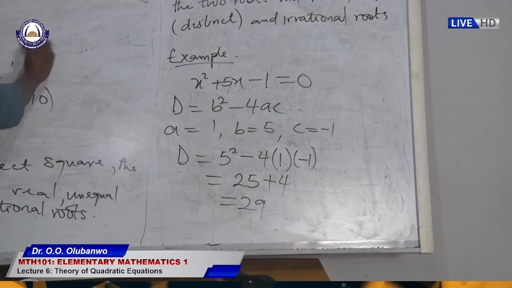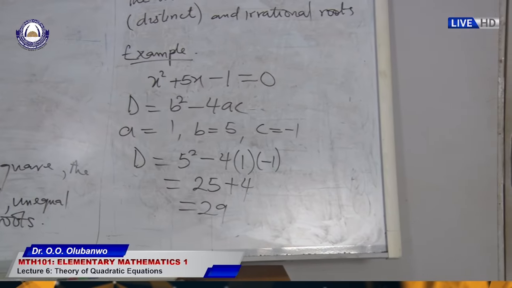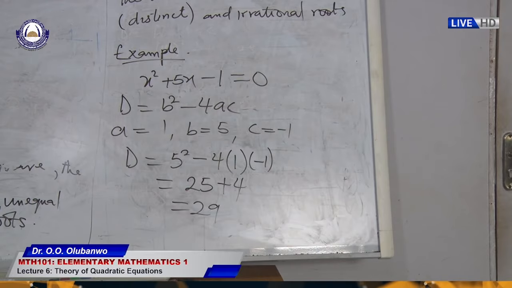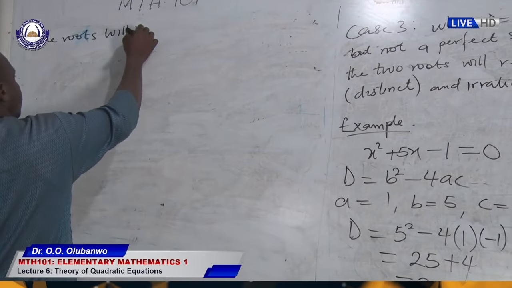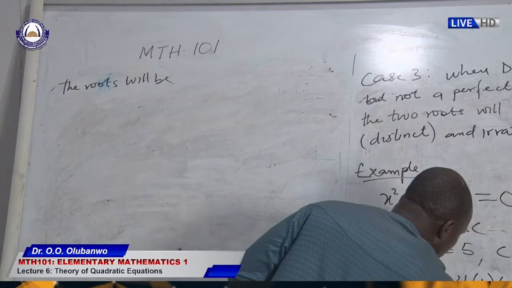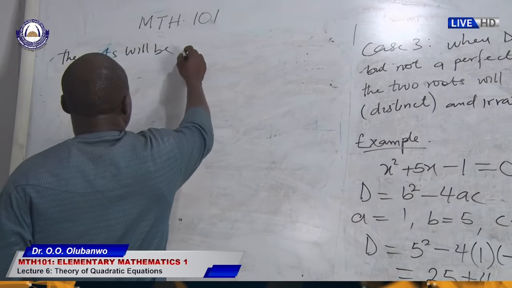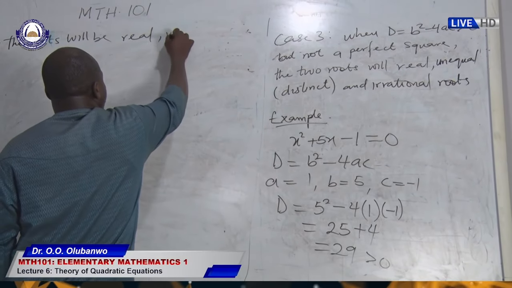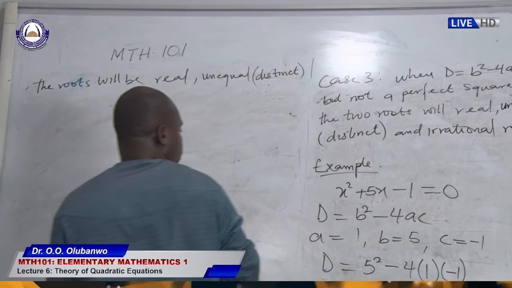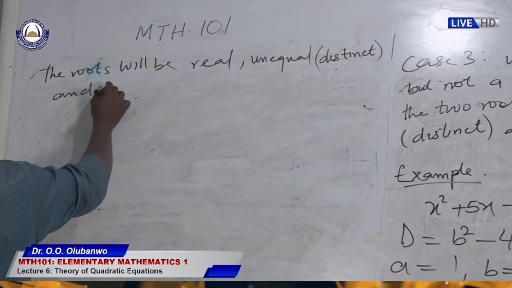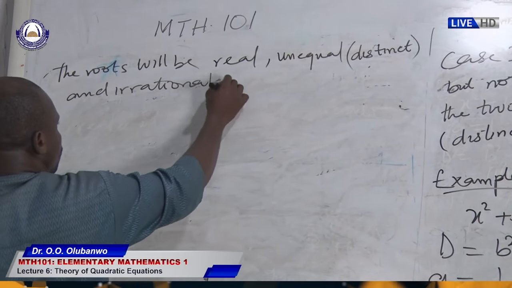Again, because our 29 is positive, which is greater than 0, the roots will be real, unequal, you put in bracket distinct, and irrational roots.